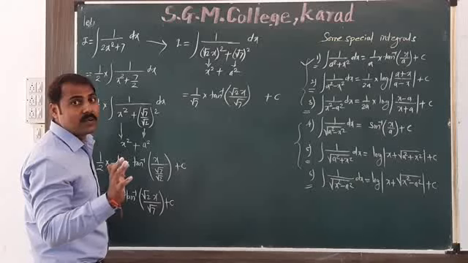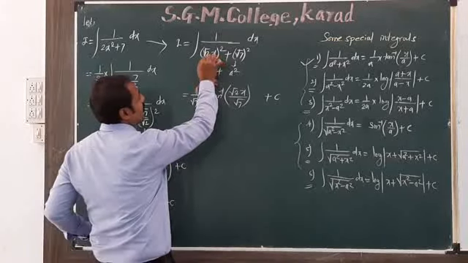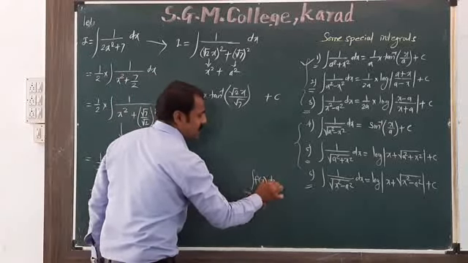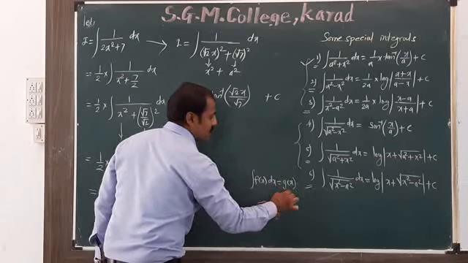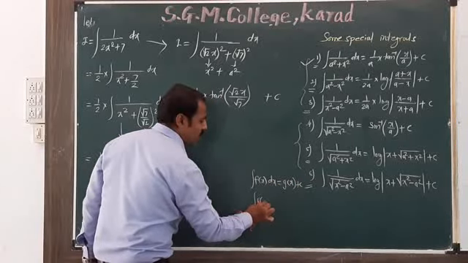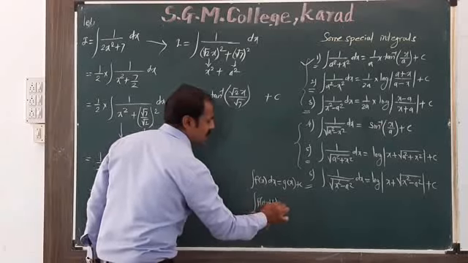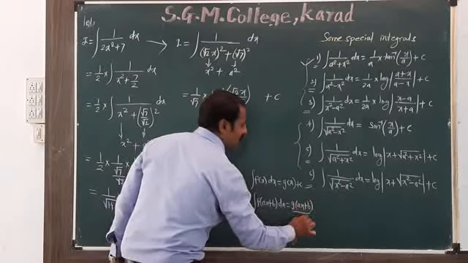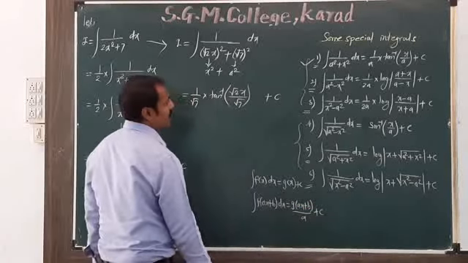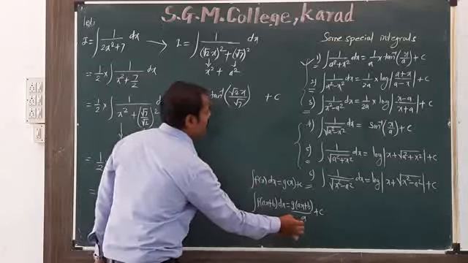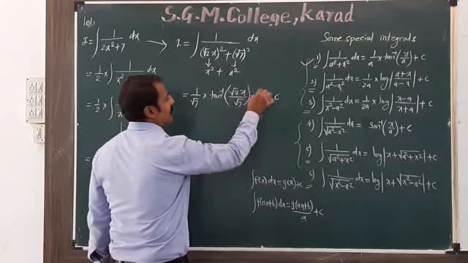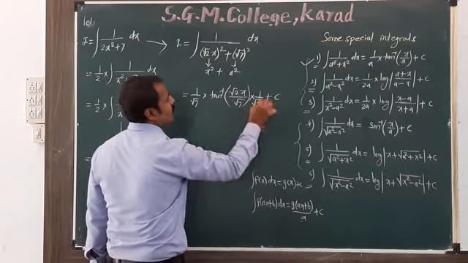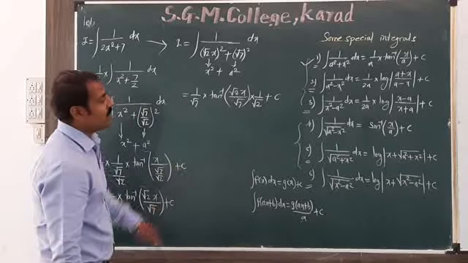Why? Because here the coefficient of x is root 2, and we know that if integration of f of x dx is equal to g of x plus c, then integration of f of a linear expression, that is ax plus b dx, is equal to g of ax plus b divided by a, plus c. So we divide by the coefficient of x, that is, multiplying by 1 upon root 2.